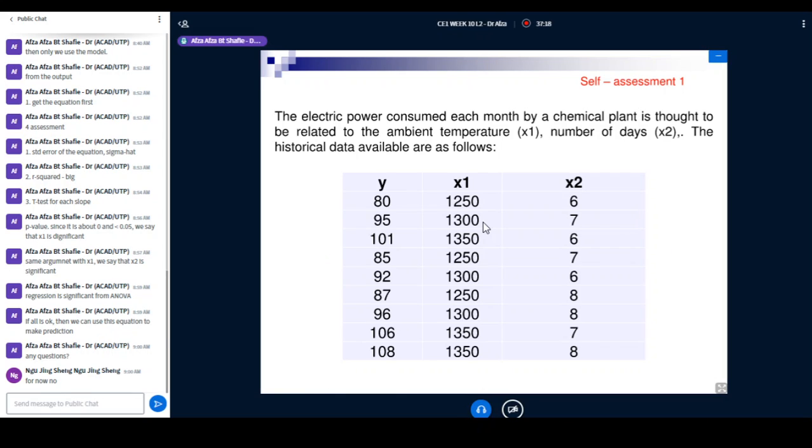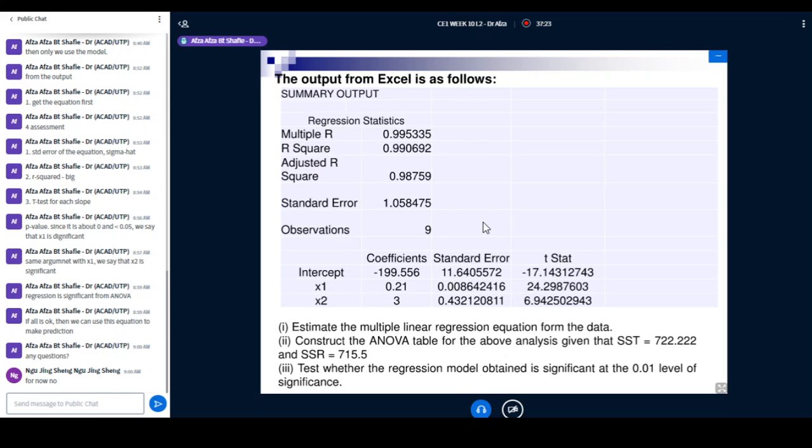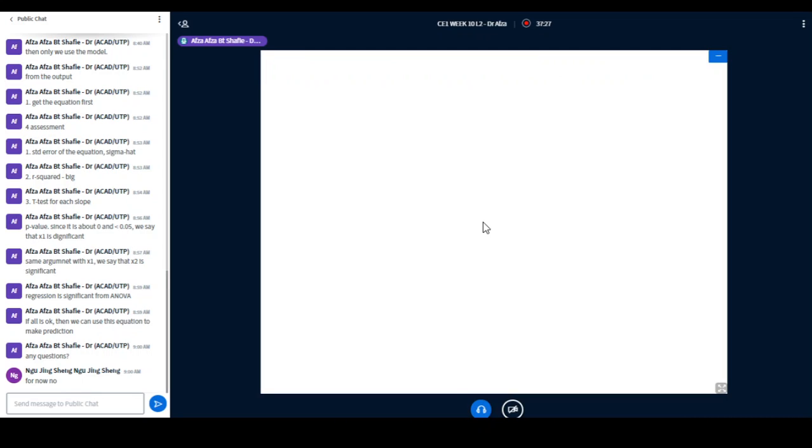Okay, that's it. So this is your self-assessment one, and self-assessment two.